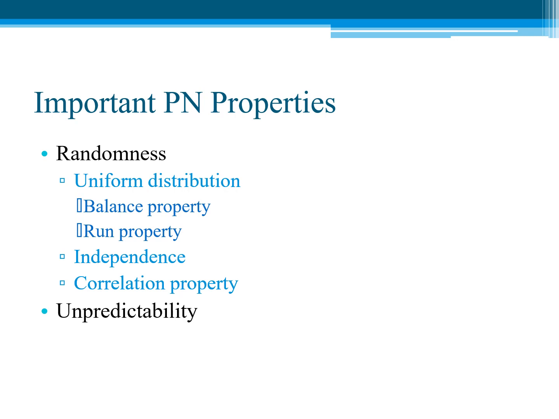Next, we have the run property. A run is defined as a subsequence of identical symbols within the sequence. The length of the subsequence is known as the run length. That is, the total number of runs will be equal to (n plus 1) divided by 2.